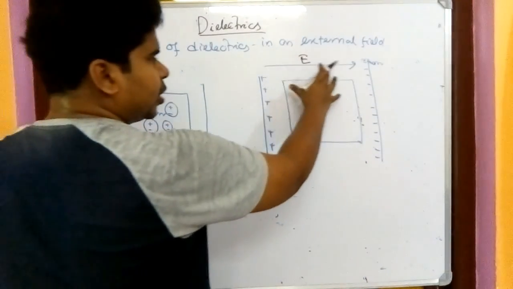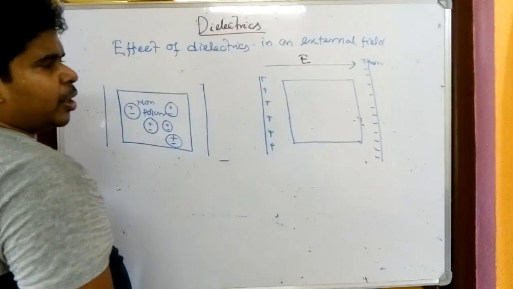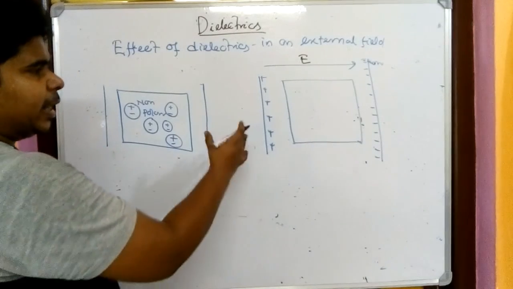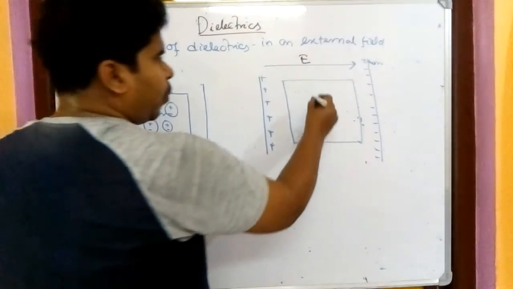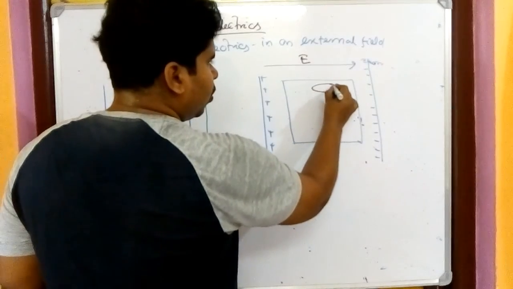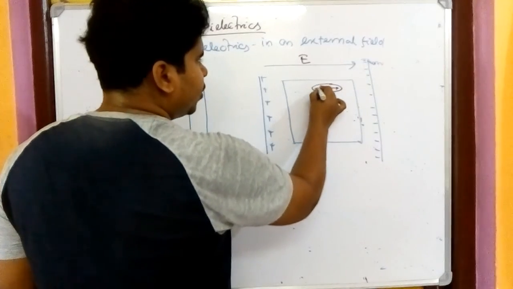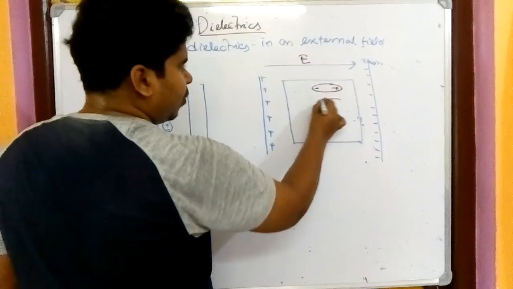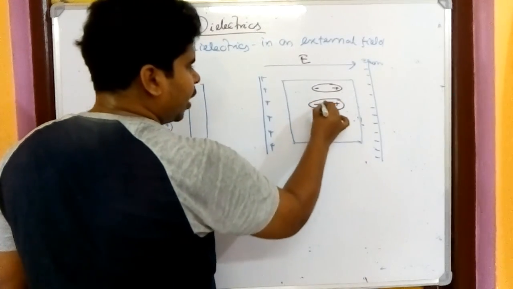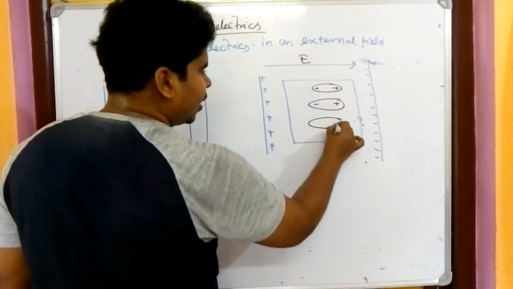The positive charges of this dielectric should be attracted by the negative charges. So the positive charges will go to this side and the negative charges will come to this side.